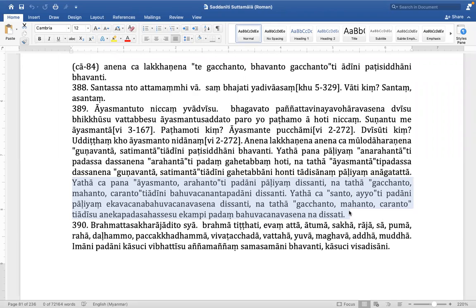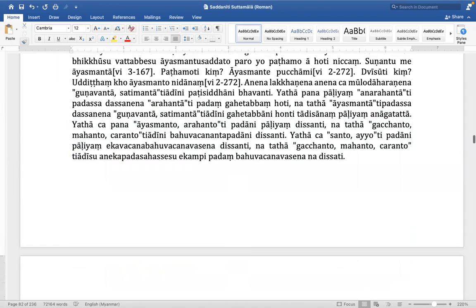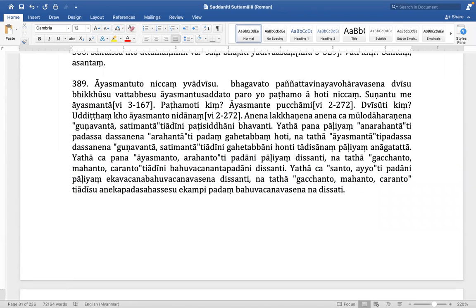But even though the possessive adjective is not referring to the Dana window, Gicha window, or Sadimando, here it is just referring to Ayusmando. Ayusmanda is only in plural form.